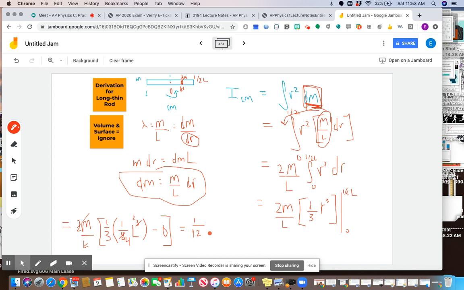Okay, and I still have my M. So my equation is 1/12 ml squared. Okay, and if you take a look back at your notes, that's the exact value for I of a long, thin rod.